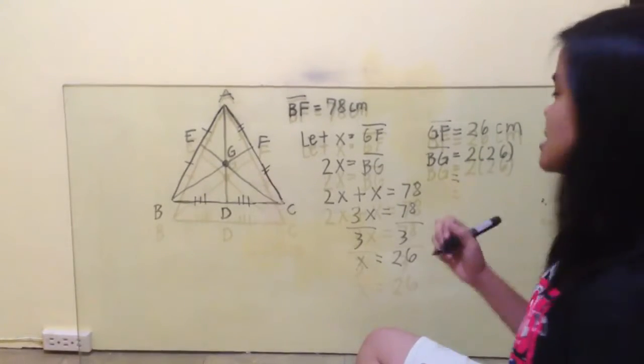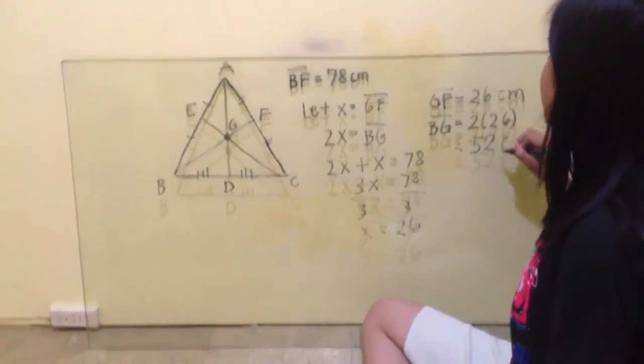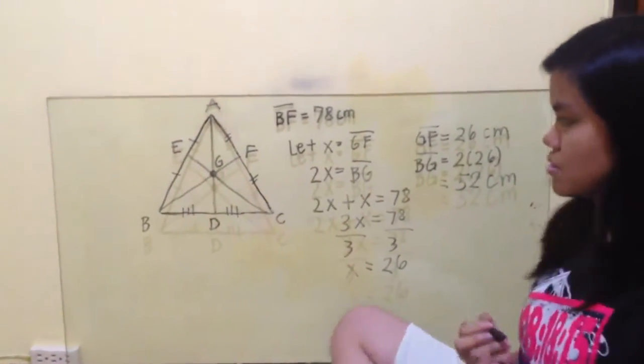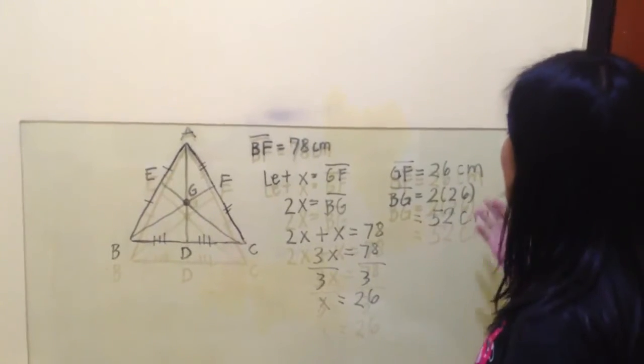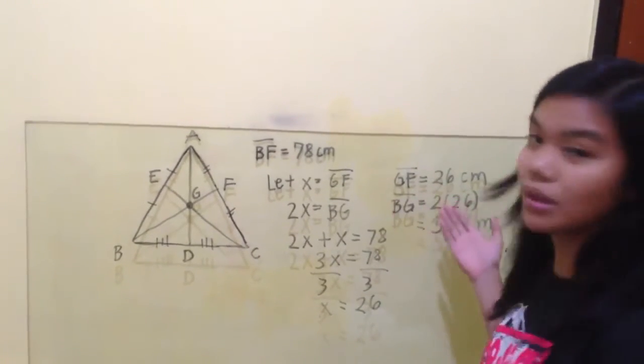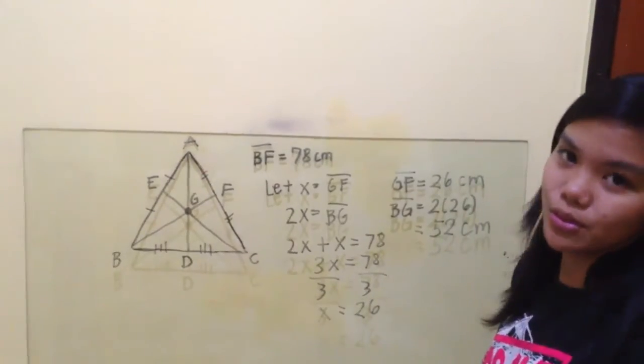So line BG has the length of 52 centimeters. So the length of line segment GF is 26 centimeters, and for line segment BG, 52 centimeters.